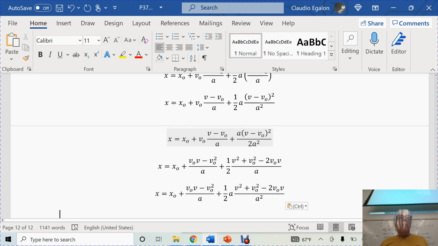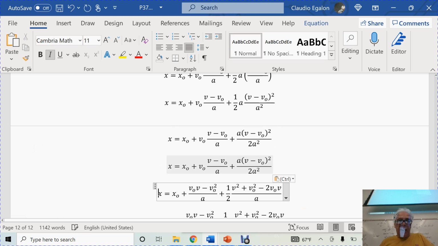Okay, makes sense. No secret here, right? A cancels out this A, so we end up with only one A downstairs. So here you go. This one disappears, and we are left with just one downstairs.